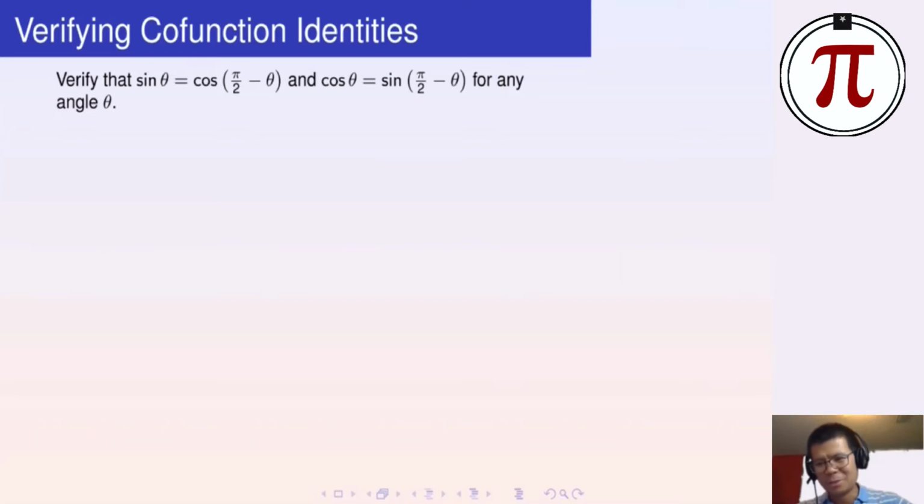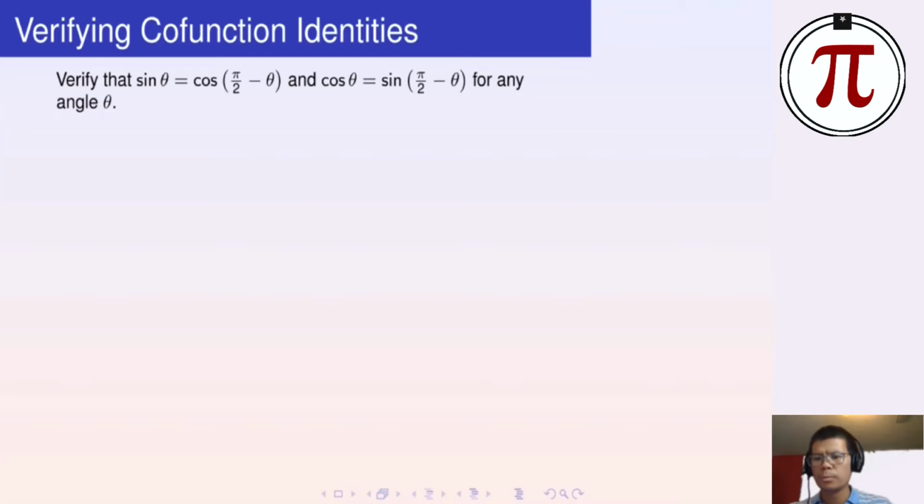Well, anyway, let's verify the co-function identities. This is a second example here, so let's do this example for the sum and difference identities. You remember the co-function identities from chapter 2.